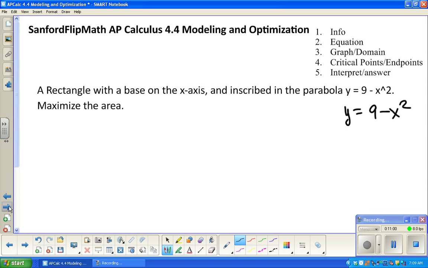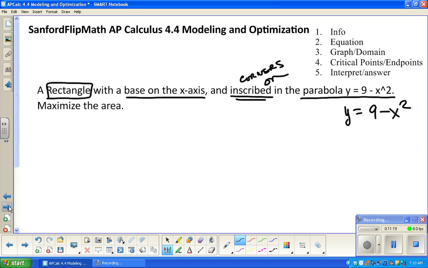in that parabola. So a rectangle, its base is on the x-axis. Inscribed means it has its corners on. It's drawn inside the parabola. I guess we need a picture of what's going on because this is a little hard to see.